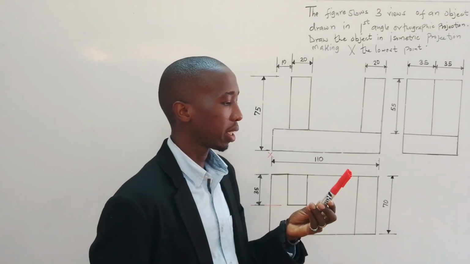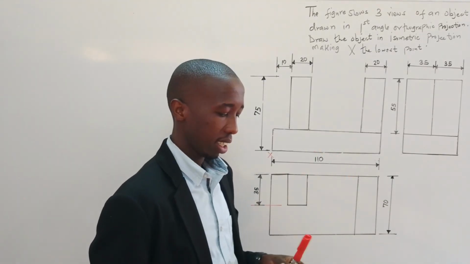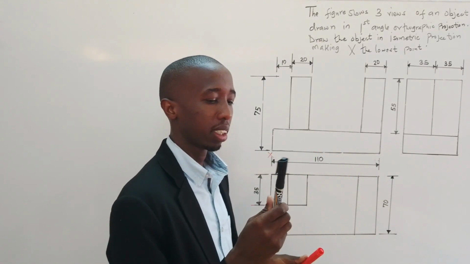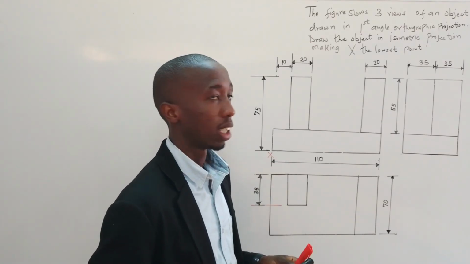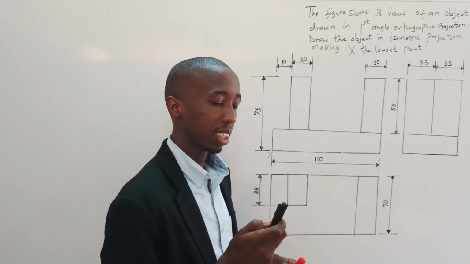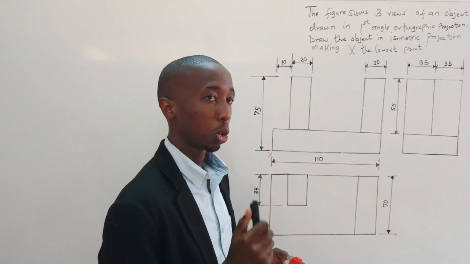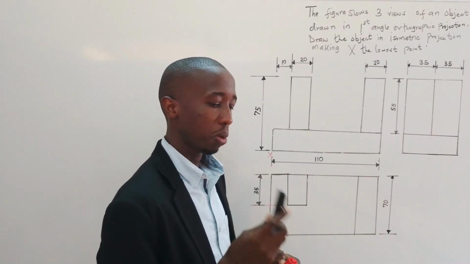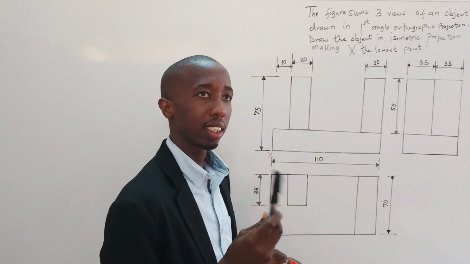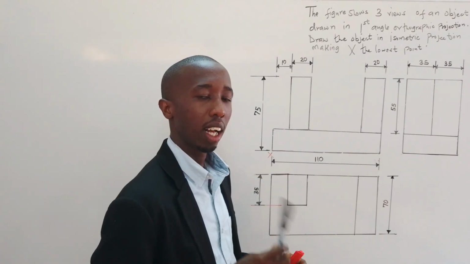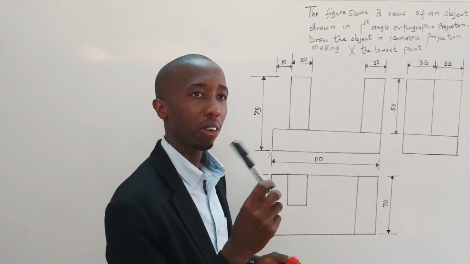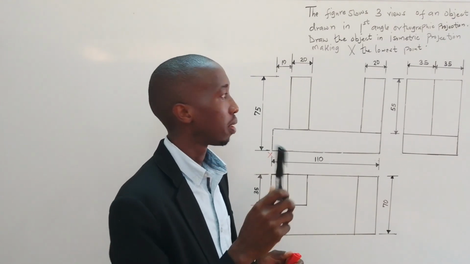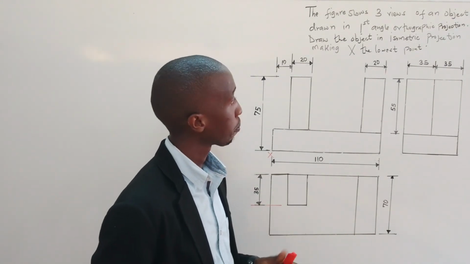I will use the red pen for construction lines, then this dark pen for outlines. And remember, outlines is our solution. So whenever I use this pen, it will show that the solution is now complete. So I will follow up the lines by using this pen.